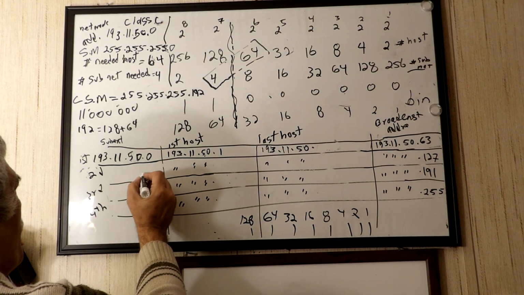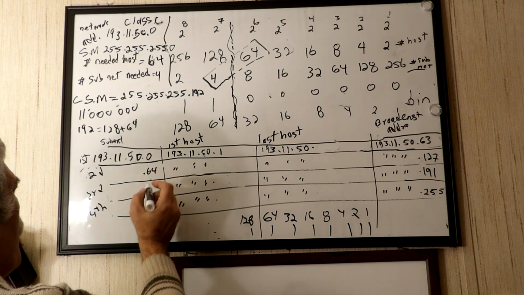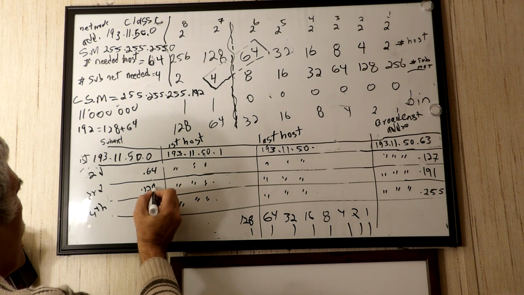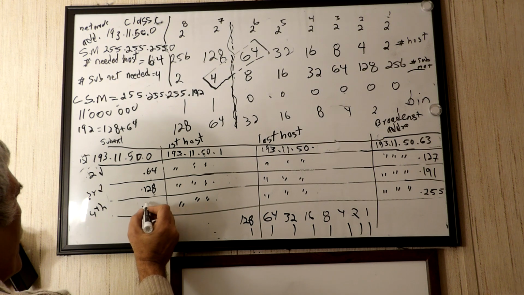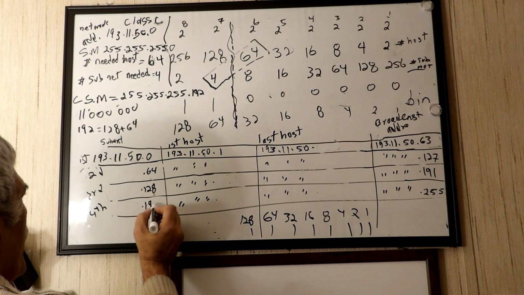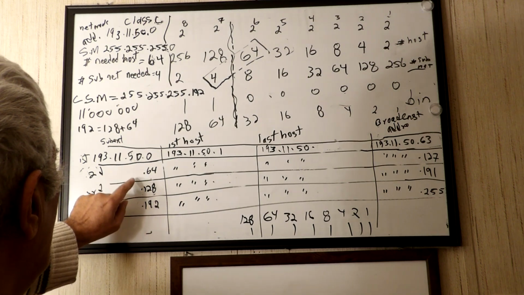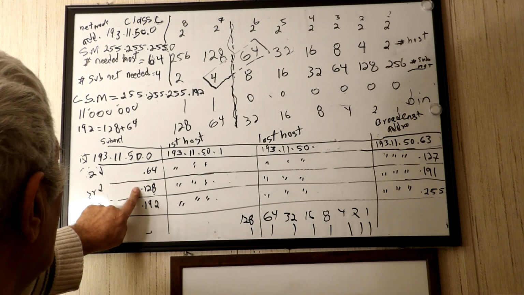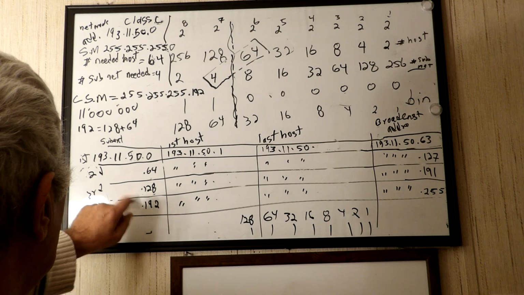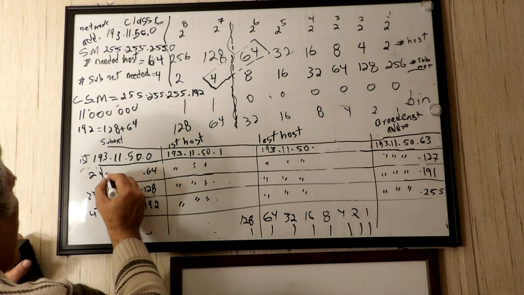It's going to be in the second network 64, and then another 64, and then another 64 is going to be 192. If you add 64 to this one, it's going to be 128, and the rest here, 193.11.